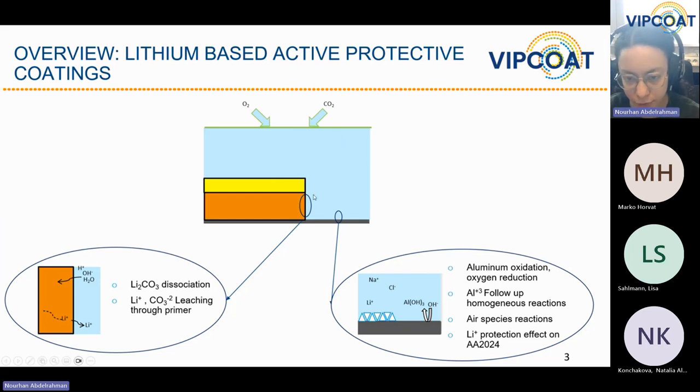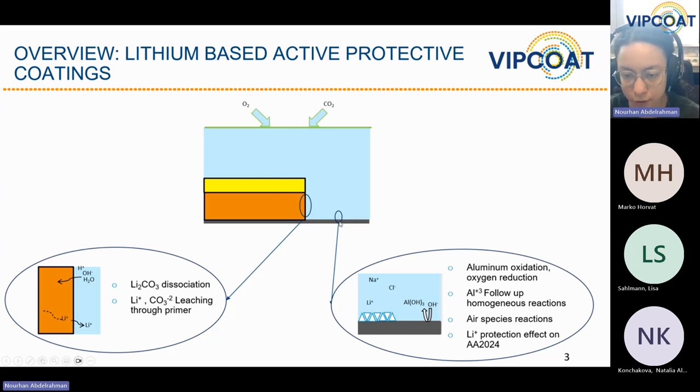And then we're trying to look at different domains of this geometry. We want to study what's going on in the primer and in the primer interface with the electrolyte. So how is the pigment dissolving, in our case particularly lithium carbonate pigment, and how is it diffusing towards the electrolyte? We also want to look at what's happening on the metal surface.